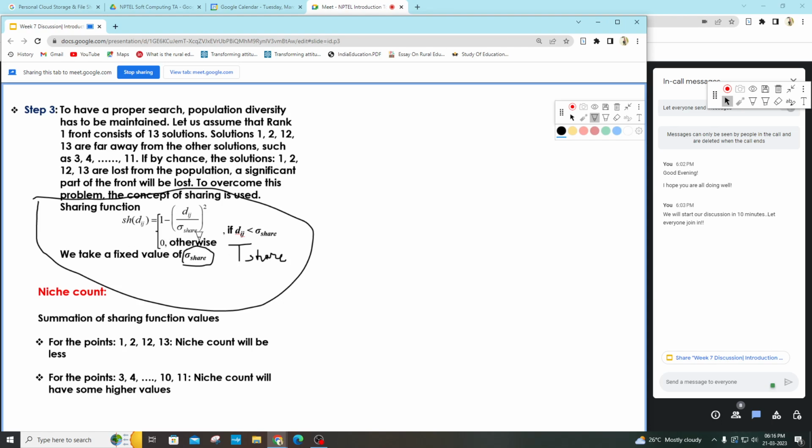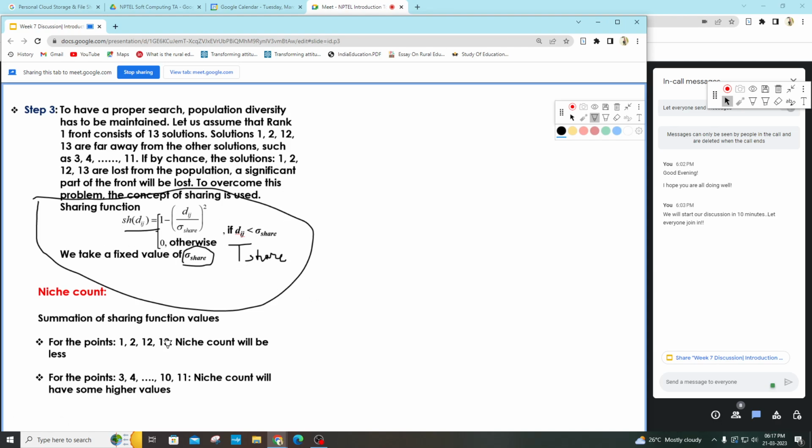This sigma share we take as an imaginary share, and we say that if the Euclidean distance is less than sigma share, then the sharing distance will be this. But if the Euclidean distance is greater than sigma share, then the sharing distance is 0. So why are we finding this sharing distance?